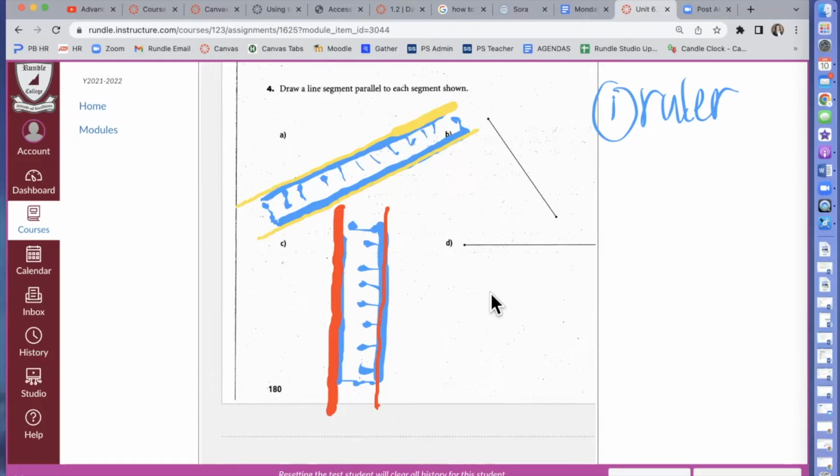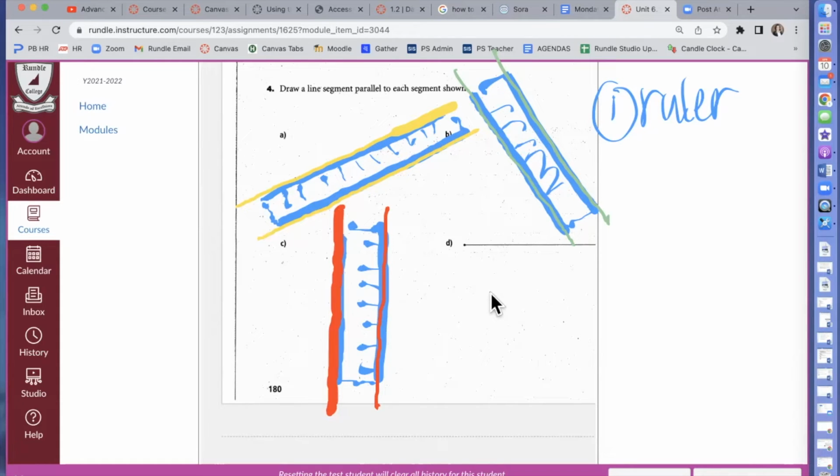All right, let me do B and D. I know I'm kind of going out of order. B, it's on the diagonal, so you are welcome to, again, line your ruler edge up. And then you go ahead and you say, okay, I'm going to trace the ruler edge on my line segment. And then I'm going to trace the other side. I have 2 parallels. Obviously, you take the ruler away and don't leave it here, and you would have 2 parallel segments.